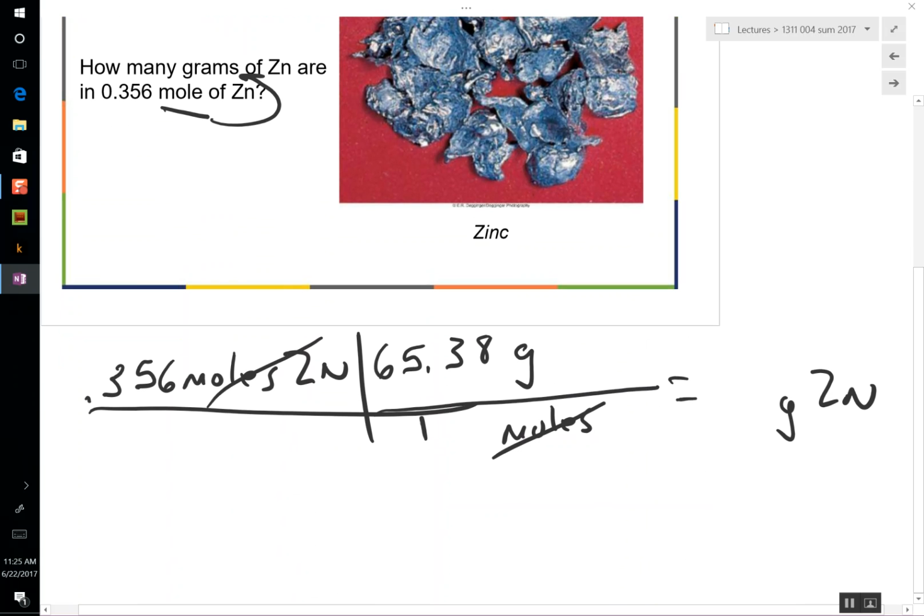Let's do that calculation and just think this whole thing through. If you want to do the very last step, and I mean these are simple and straightforward, but let's not ignore nice practical little things to do, like 0.356 times 65.38 is 23.3.